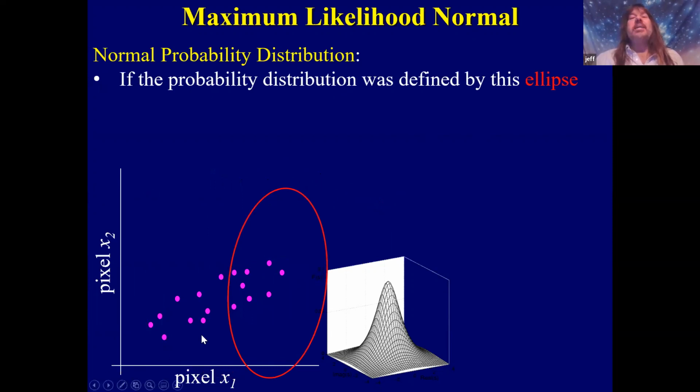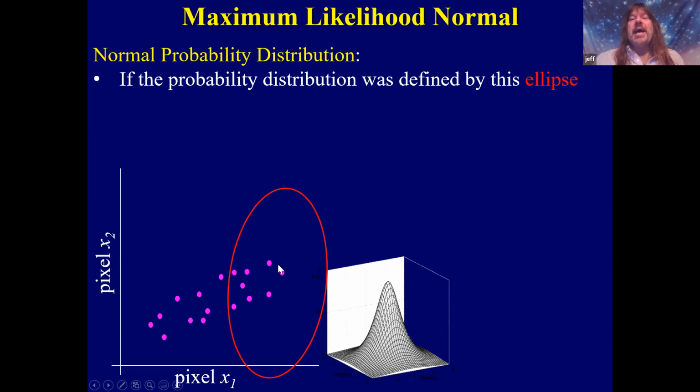Now, let's try different ellipses, right? Here's a perfectly good ellipse. It's defining a perfectly good normal distribution, right? The guys that appear here in the middle will be high probability, and anybody that appears more on the outside is going to get a low probability.